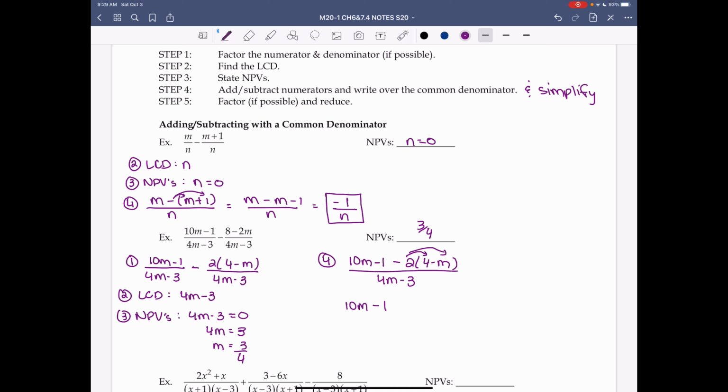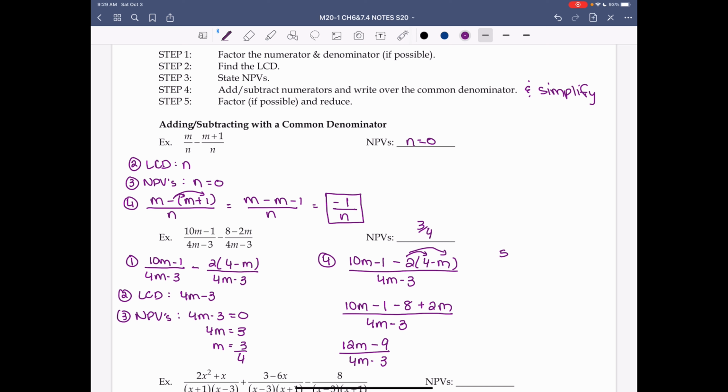Multiply the negative 2 in, negative 8 plus 2m over 4m minus 3. Combine like terms in our numerator. 10m plus 2m is 12m. Negative 1, negative 8 is negative 9 over 4m minus 3.